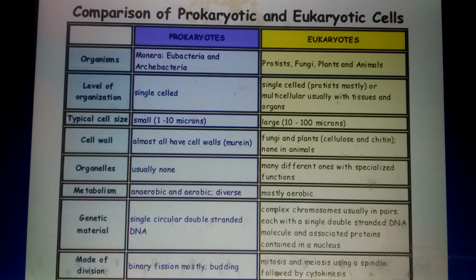Cell division, mitosis and meiosis, both types of cell division are present in the eukaryotes but absent in the prokaryotes. Because prokaryotes have a single chromosome, haploid, so there is no division like mitosis and meiosis.